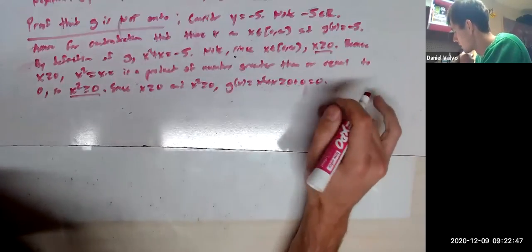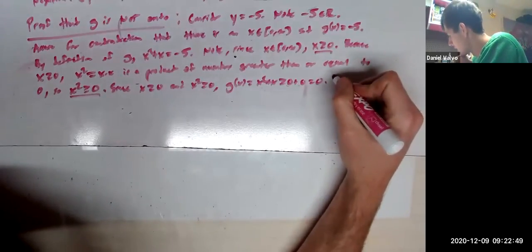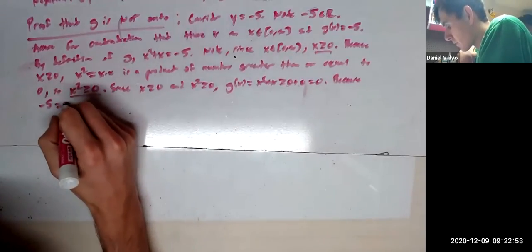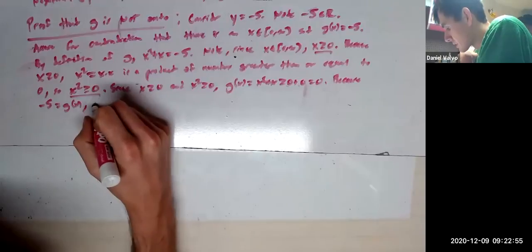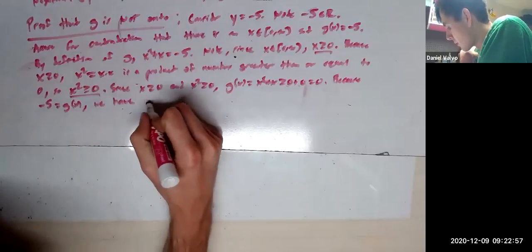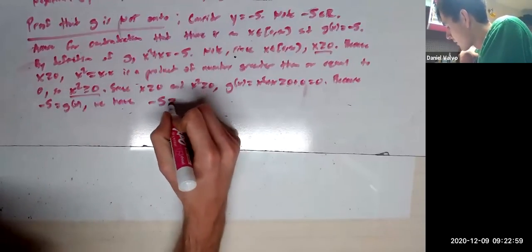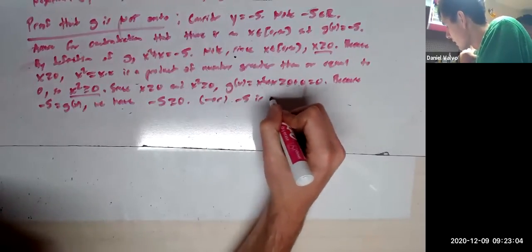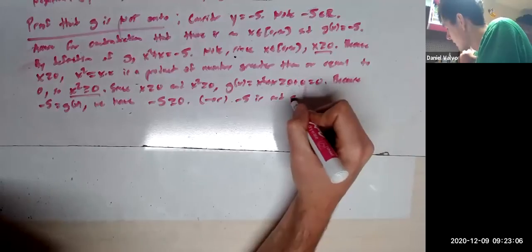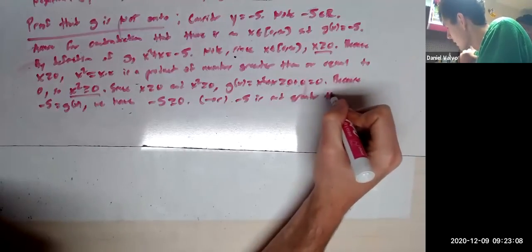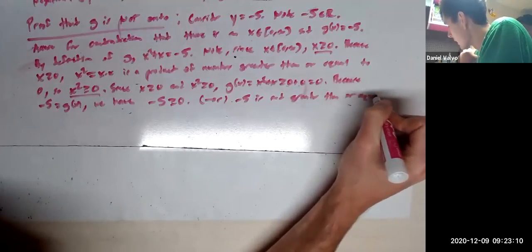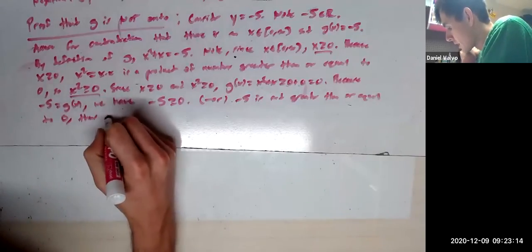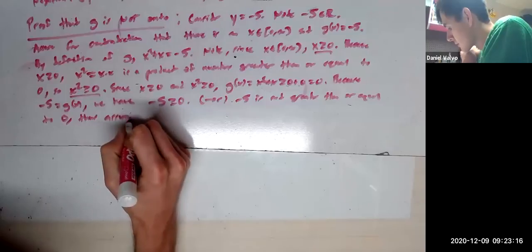Or, lastly, I should say, because -5 equals g of x, we have -5 greater than or equal to 0. Here's our contradiction. -5 is not greater than or equal to 0. Thus, the assumption is false.